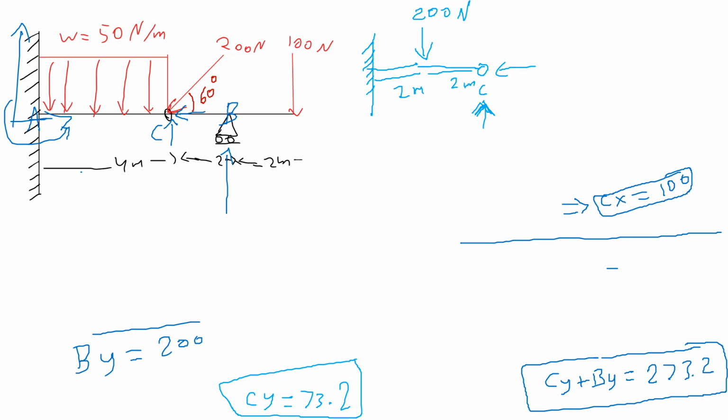And we got 3 reactions over here. So I got one that goes up, one that goes in the other direction, and one is the moment, as we assumed, in the hinged support.